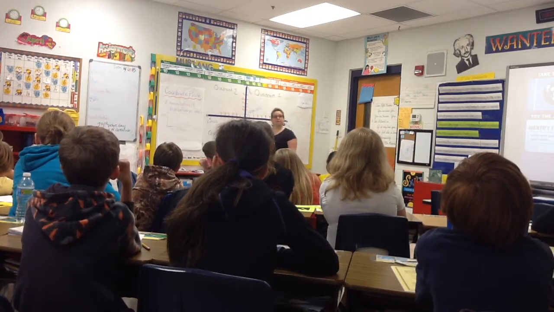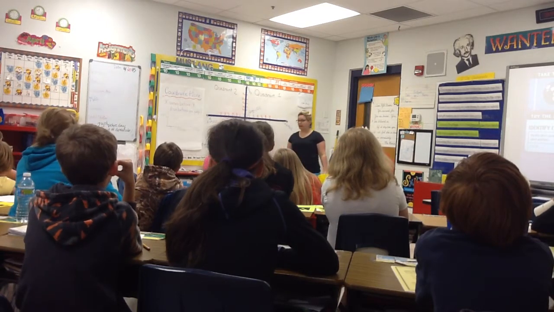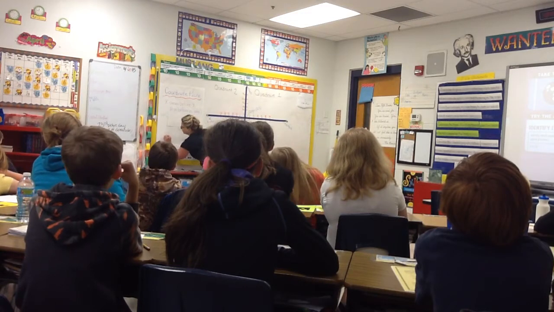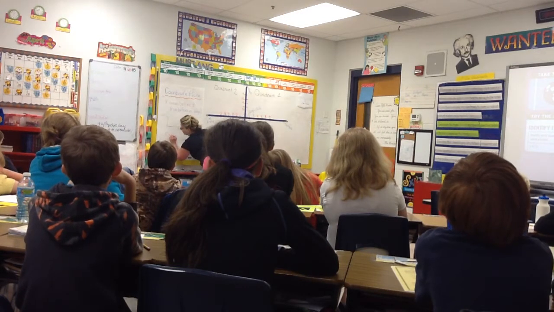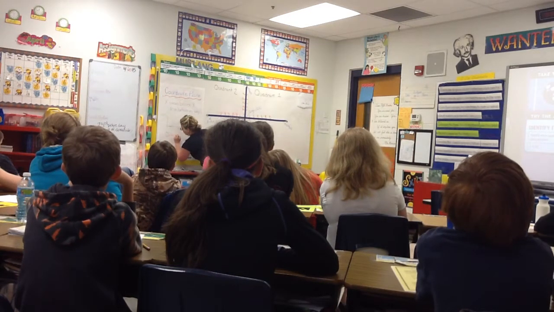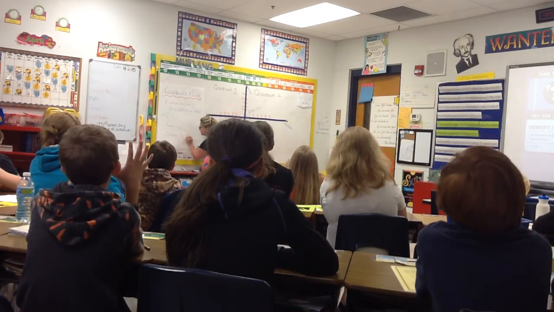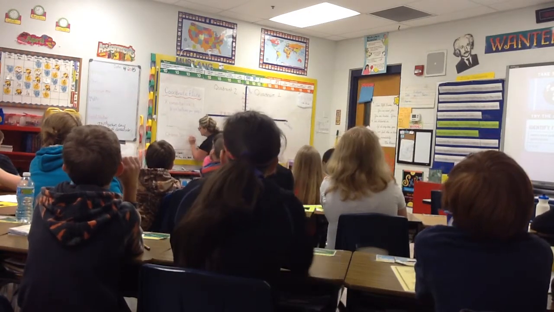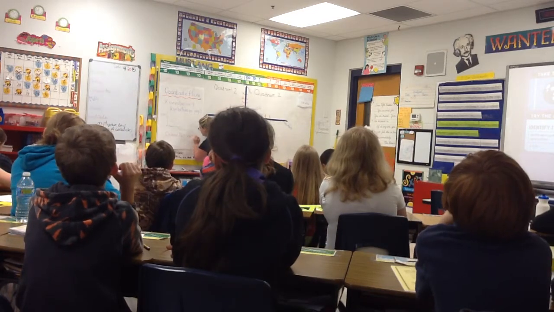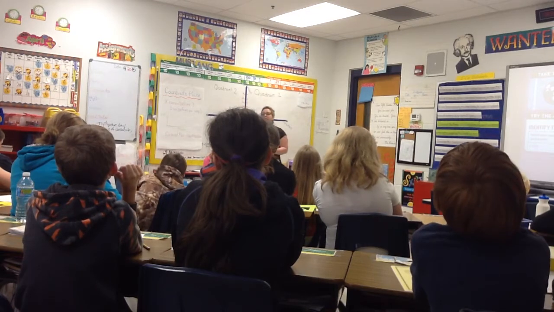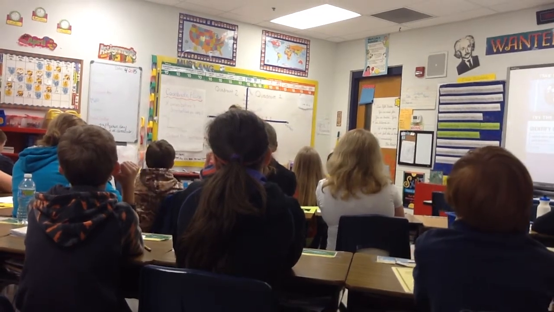And then, when we have an ordered pair, an ordered pair is an exact location. If we have an ordered pair, we're going to be able to pick an exact location. Hold it to the end, Brandon.